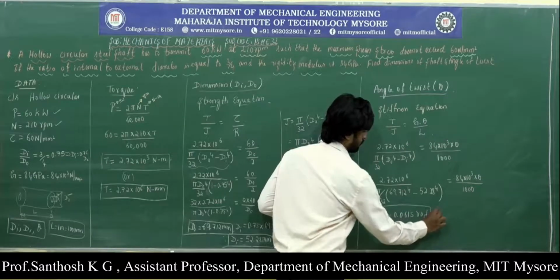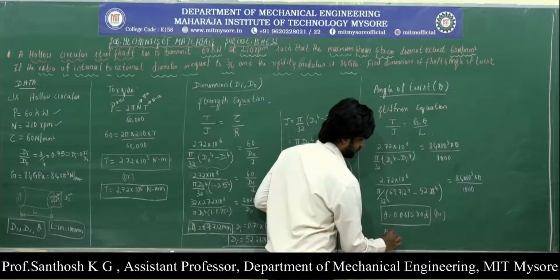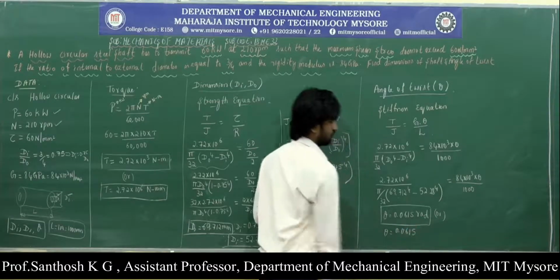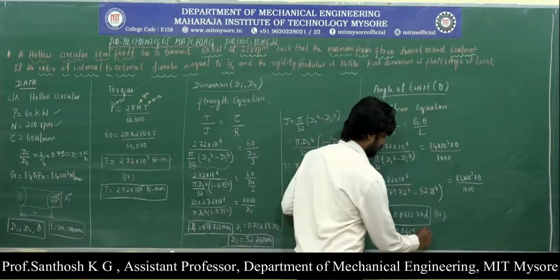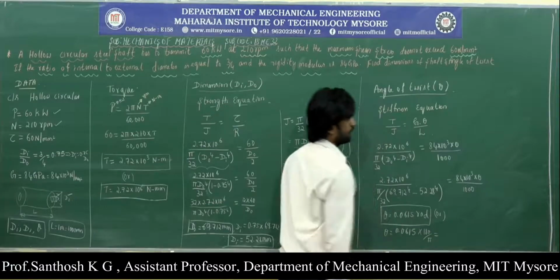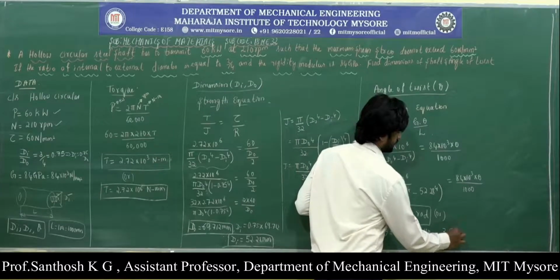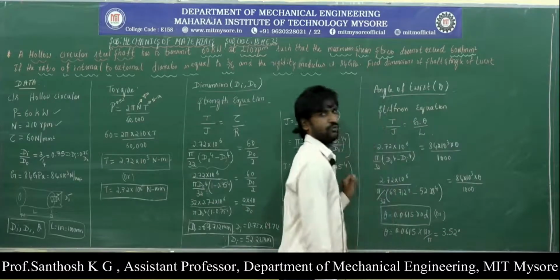Suppose if you want the value of theta in terms of degrees, then for this value 0.0615, I need to multiply it by 180 and divide it by pi. If I do so, I will get the value of theta as 3.52 degrees.